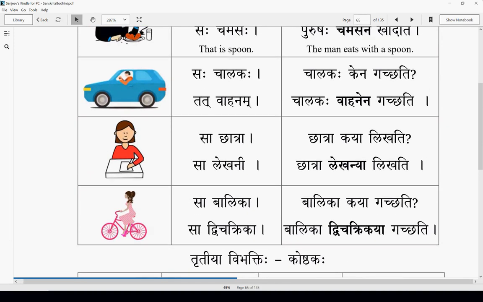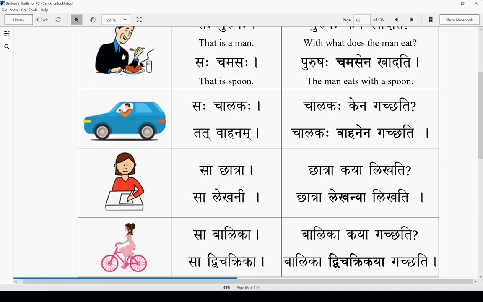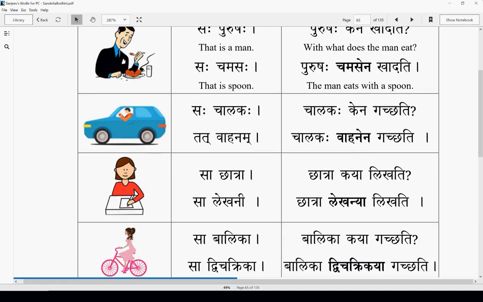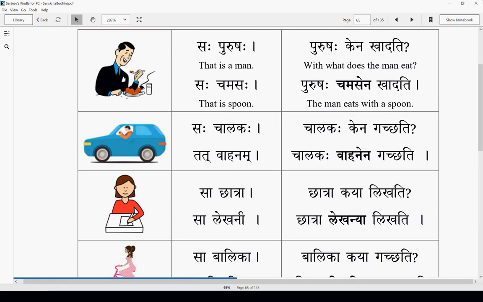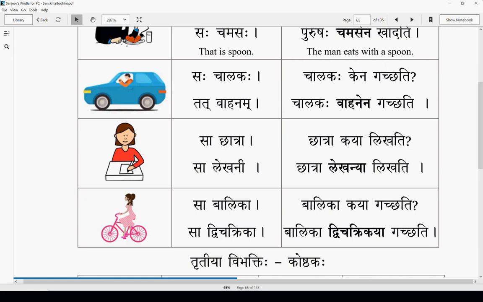Tritiya vibhakti? Yes. How did she go is the question. Kaya Gacchati. She went. How? In English it becomes how, but here we don't use that how in Sanskritam. Here it becomes with what, using what.